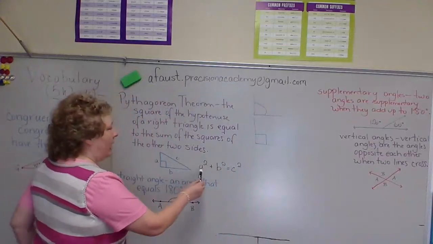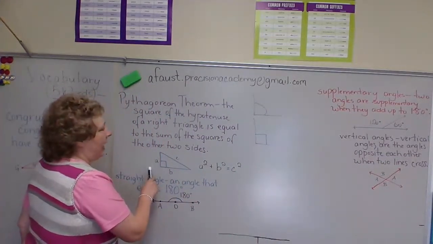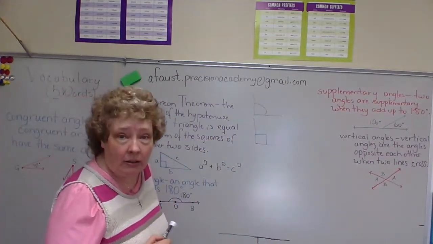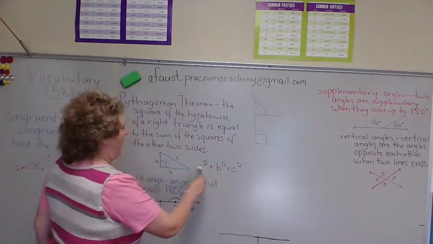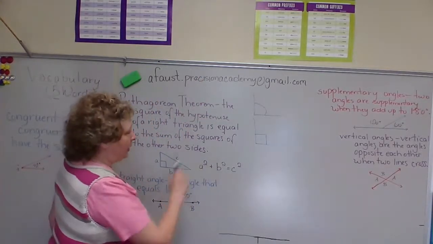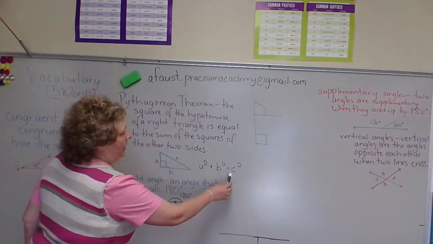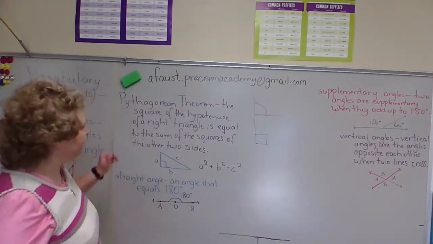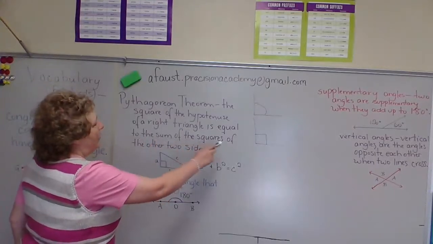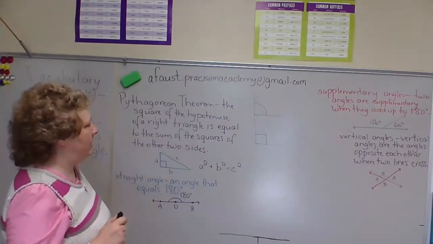Okay, let's write out the equation. So we take the A squared, the little 2 at the top, plus B squared makes what? This line right here, C squared. So, to the sum of the squares of the other two sides.